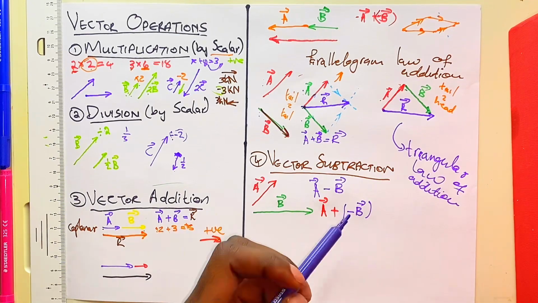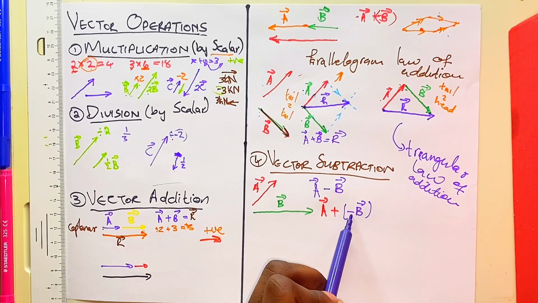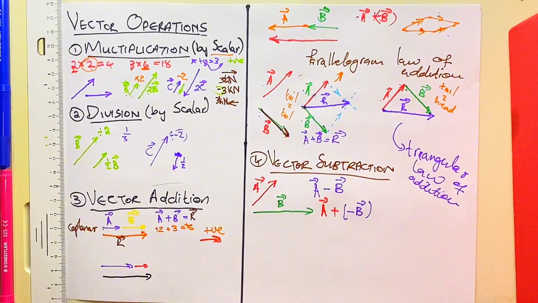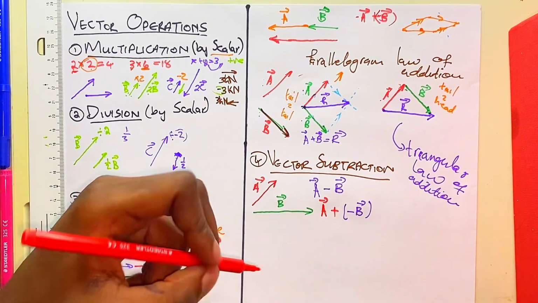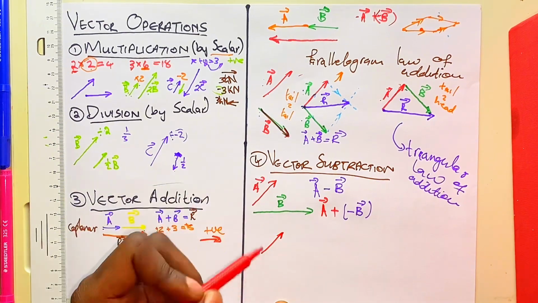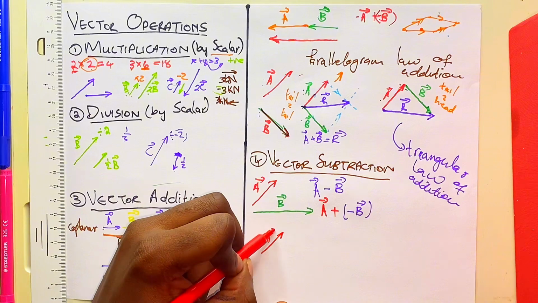Now, if you are listening, you now know what a negative vector is. If we see a negative sign, we are saying our vector is acting in an opposite direction, right? So if we are going to add A and B, we are going to take A still in the same direction because our A is positive.